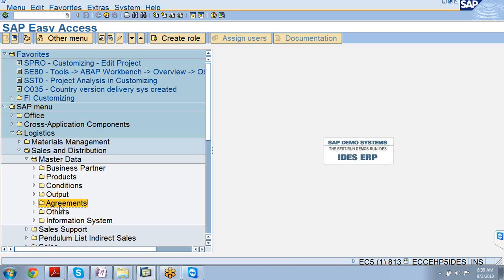So many people think master data means only BP or product, but pricing, output means, in the bracket you write it as prints. Output means prints.